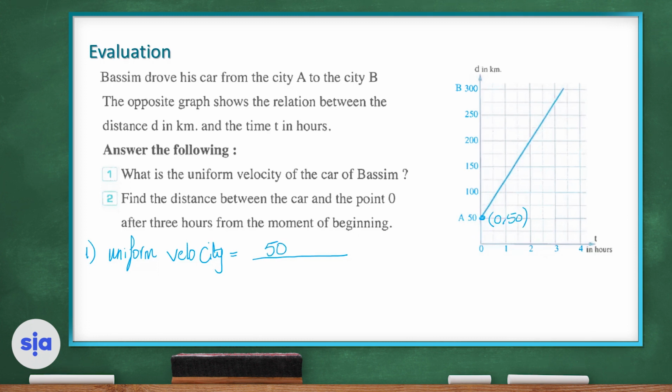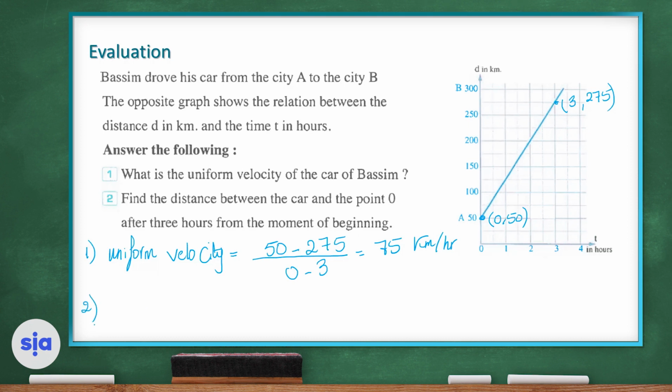This is the first point, (0, 50), and here is the second point, (3, 275). So it's (50 minus 275) over (0 minus 3), which is 75 kilometers per hour. So the uniform velocity is 75 kilometers per hour.